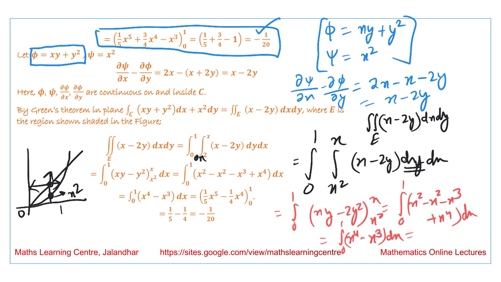So the answer is x raised to power 5 by 5 minus x to the power 4 by 4, and substituting the limits we get 1 by 5 minus 1 by 4, which is equal to minus 1 by 20. The answer obtained from this is minus 1 by 20, the answer obtained from the previous integral is minus 1 by 20, and hence Green's theorem is verified.